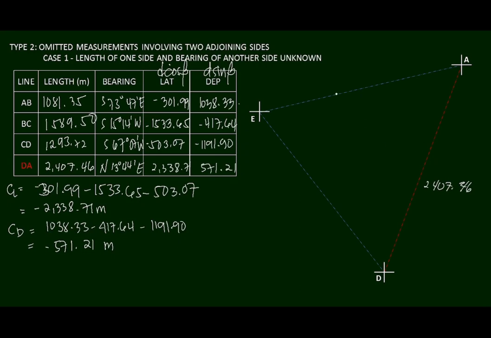The length of EA was also given earlier. That is 1,737.98. As for the length of ED, that is 2,506.94.